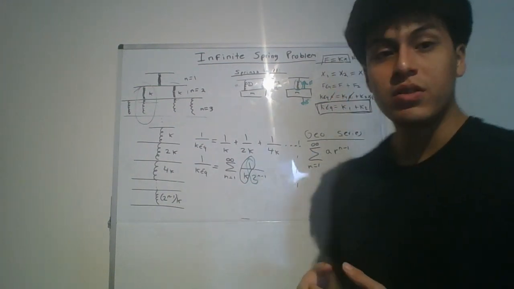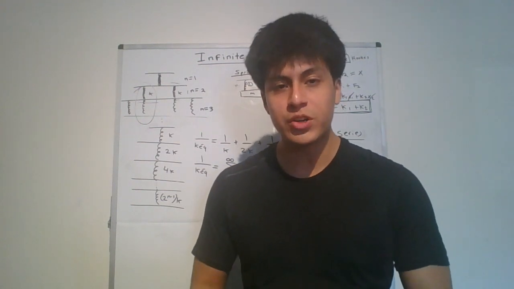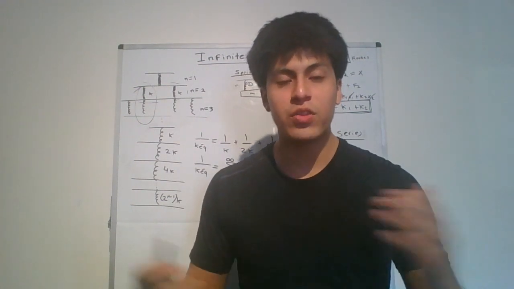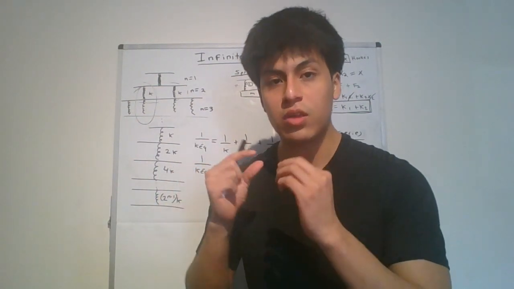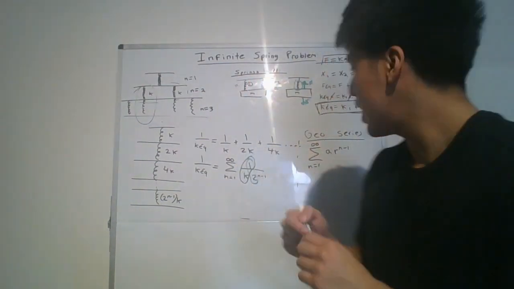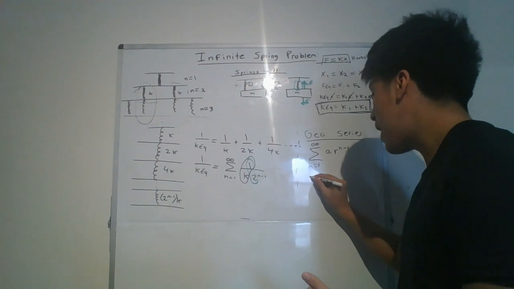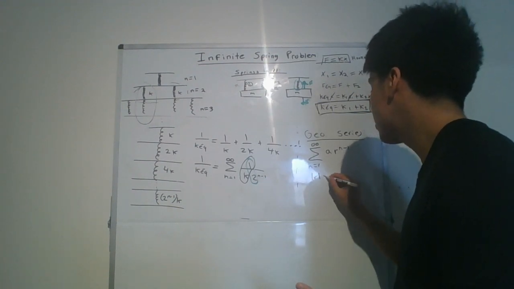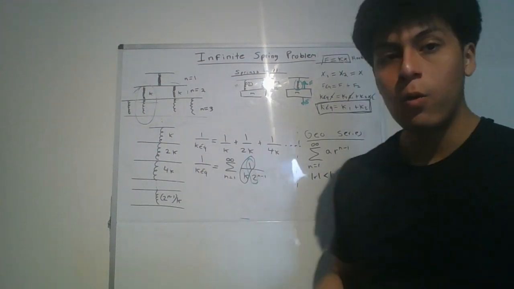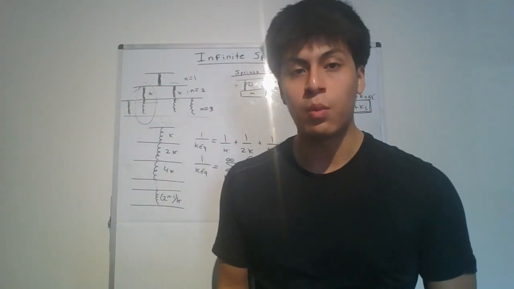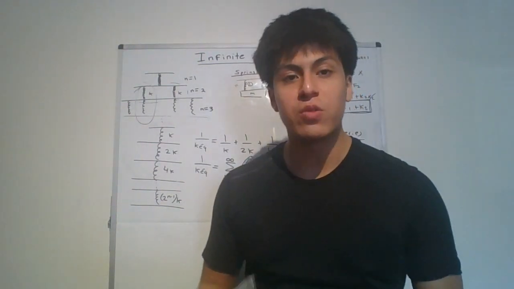Now, series, as you may know or may not know, converge to a certain value. Convergence means that all this infinite sum is going to add up to a finite value. And it only adds up to a finite value if the absolute value of r is smaller than 1. In our case, we defined r as being 1/2, and 1/2 is indeed smaller than 1. So we know that the series is going to converge to a value.